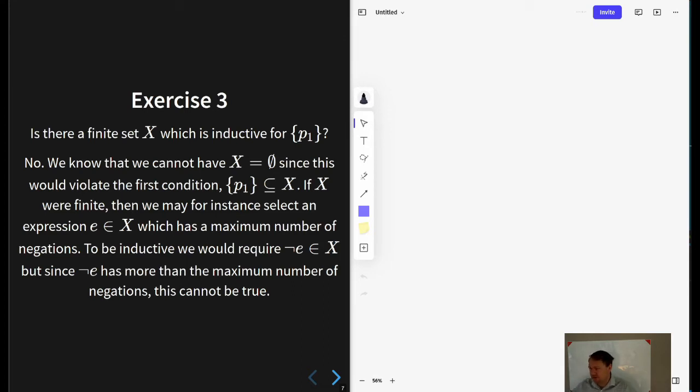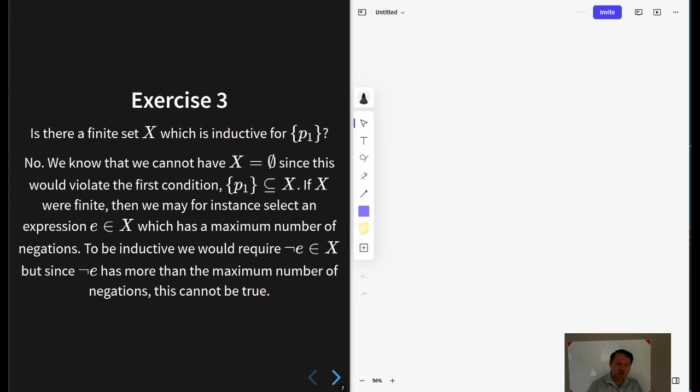So let's just focus on negation again and say, look, since it is a finite set, we could take every element and count up the number of negations in each expression. And then we could take the maximum over all of those numbers of negations. That maximum number must exist because the set is non-empty and finite.